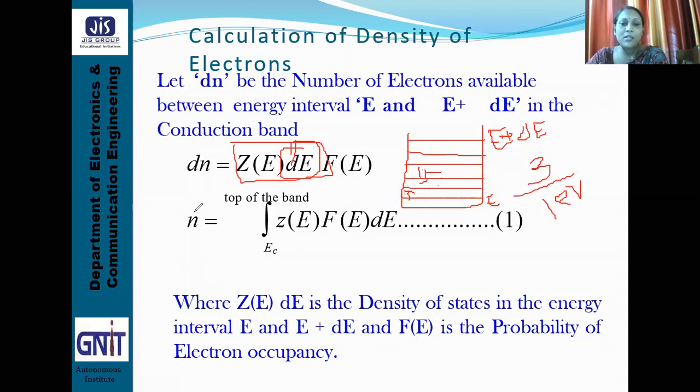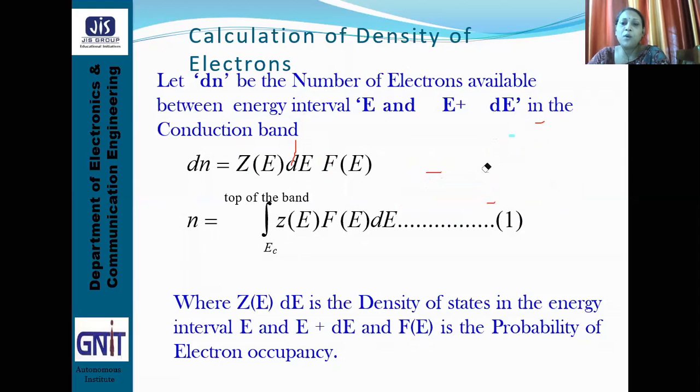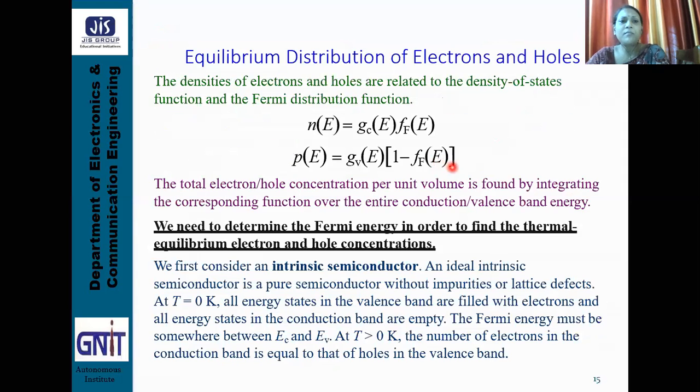So this is the density of states, and if we go to our next slide, it will be clear that density of states can be denoted by this. This is the electron and hole density of states. That is, the density of electrons and holes are related to the density of states function and the Fermi distribution function. This F of E is the Fermi distribution function.